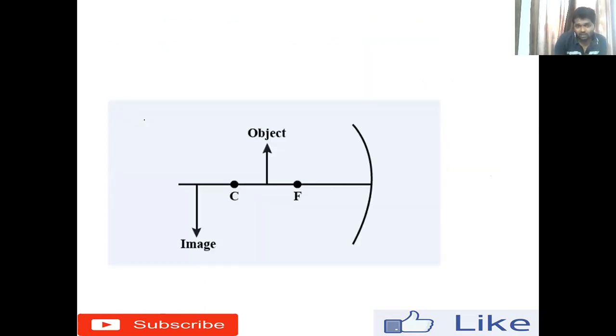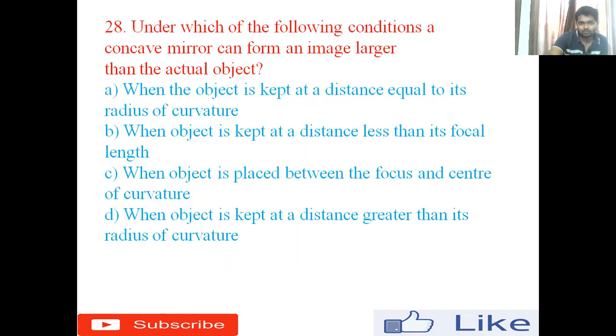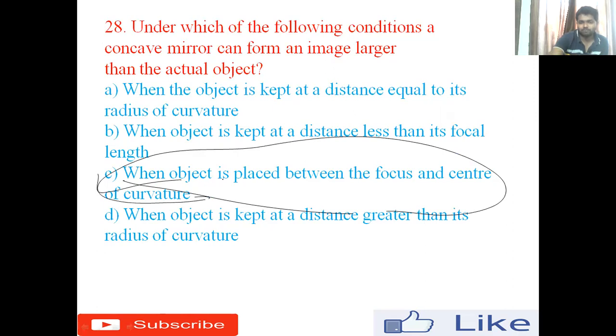I have attached one image here. Whenever the object is placed between the center of curvature and focus, the image formed will be a little bigger than the object. So the right answer for this question is option C, when the object is placed between the focus and the center of curvature.